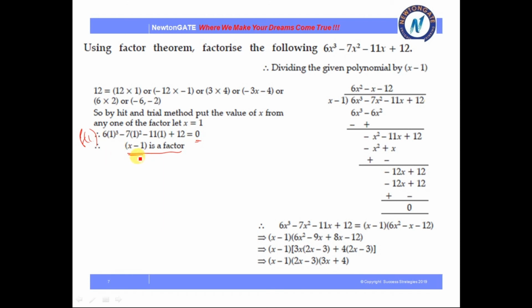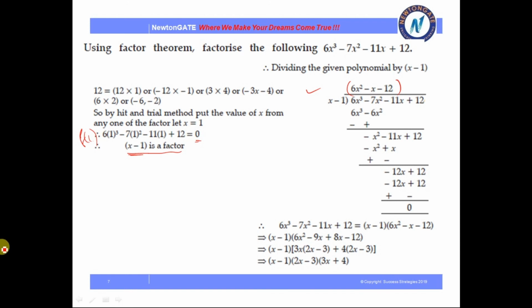So how do we find the next factors? We use the process of long division again. So we found out another factor, that is 6x square minus x minus 12. So now again breaking this factor down, 6x square minus x minus 12, what do we find? We find 2x minus 3 into 3x plus 4.